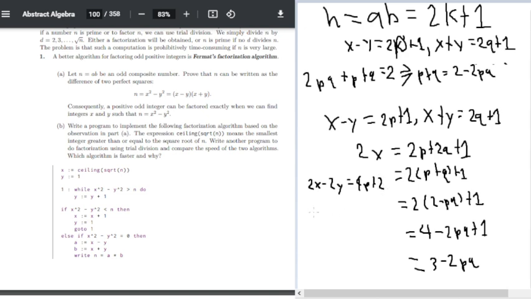So since we've solved for 2x, we replace it with 3 minus 2pq, minus 2y is equal to 4p plus 2. So we add, we get that 1 is equal to 4p plus 2pq plus 2y.